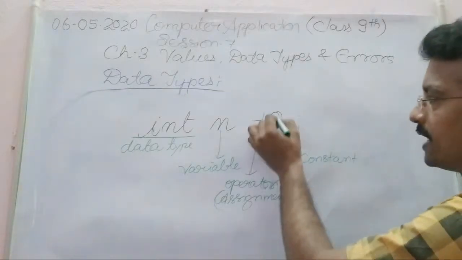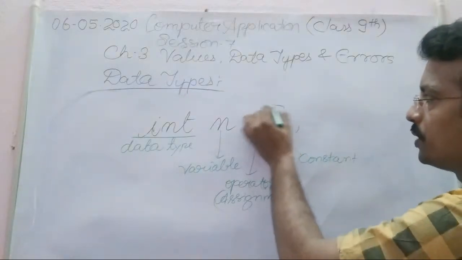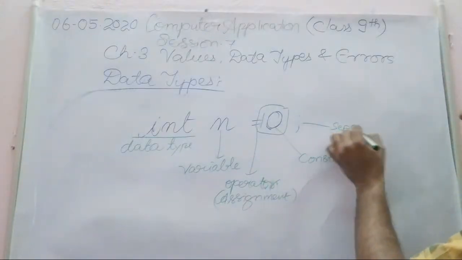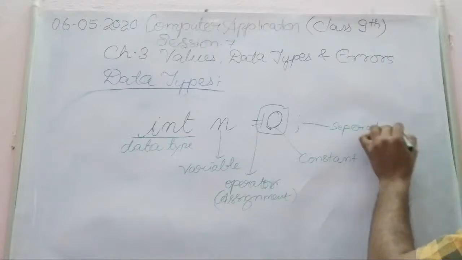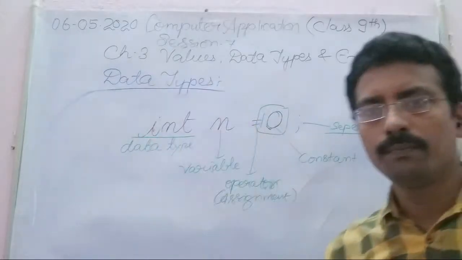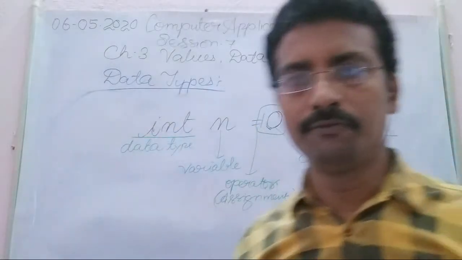Suppose I have given 10 here. This 10 represents a constant, and this is the separator. So this way one line is now very clear for you all if you have learned from earlier classes. These terms are now easily identifiable for you.